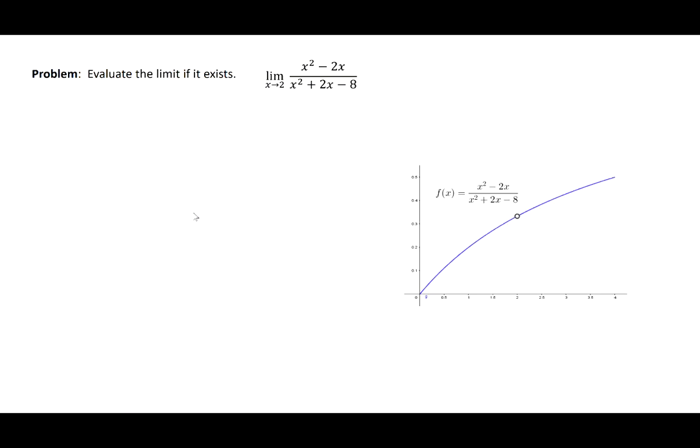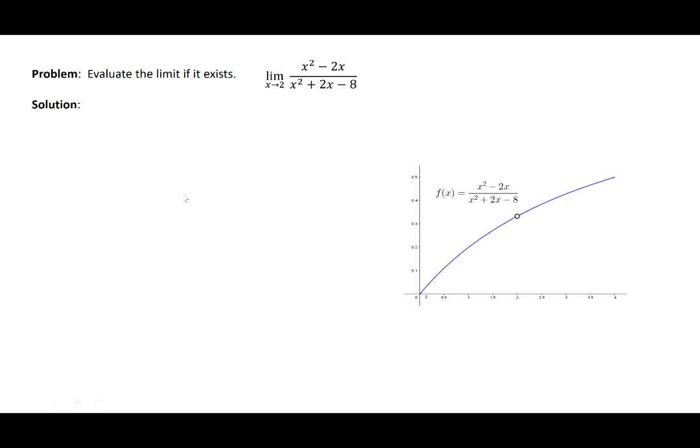There's something you need to do. What I have done is I have shown you here the graph of x squared minus 2x over x squared plus 2x minus 8. And I'll discuss the graph in just a second. I just put it there and I'll come back to it.